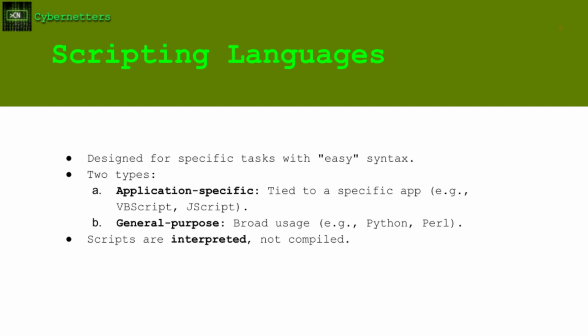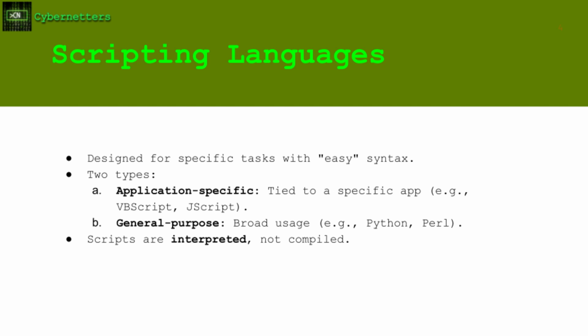Let's think about scripting languages, the tools that we use to write scripts. Think of scripting languages like different types of tools in a toolbox. Some are designed for very specific tasks, like a wrench for tightening bolts, while others, like a Swiss Army knife, can be used for a variety of jobs. Scripting languages are similar. First, we've got the application-specific languages.